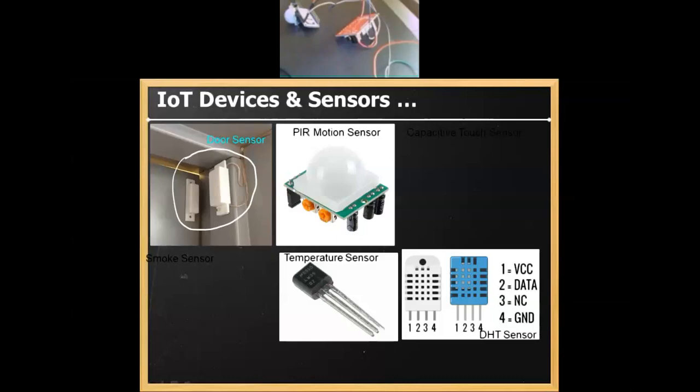Suppose you are going on a tour and your home is locked, but whenever somebody enters, you will automatically get a notification that somebody has opened the lock and some movement is there. Then you can switch on the camera and see who is there. That kind of application we can build with the help of IoT devices.